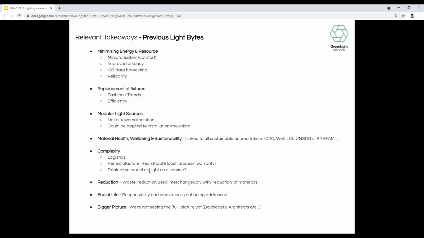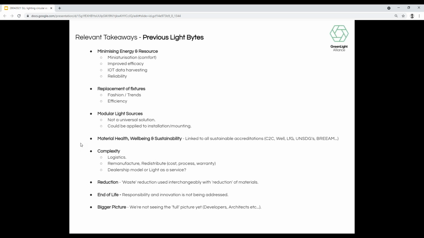Reduction, the terms waste and reduction of materials were used interchangeably within the last few presentations, and we just need to be mindful of the difference. Reducing the amount of material going into a product is different to the product going into landfill at the end of its life, and then what we actually do to prevent that.